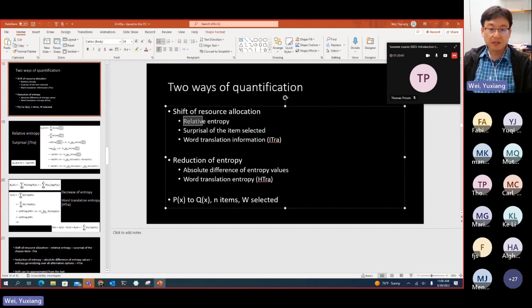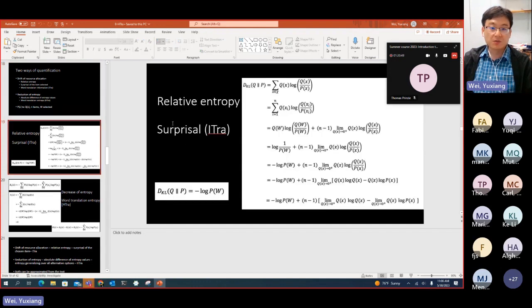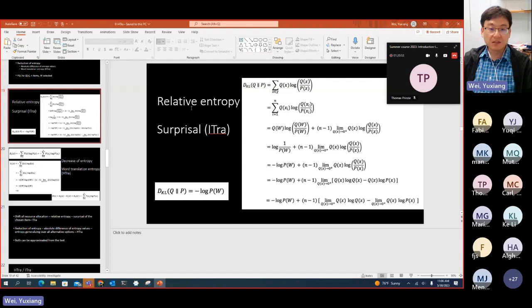The relative entropy is equal to the surprisal of the item selected. Now, if we use that perspective to represent the cognitive load, then the surprisal of the eventual choice would be an indication of this load, or an approximation via ITra would represent this cognitive load.